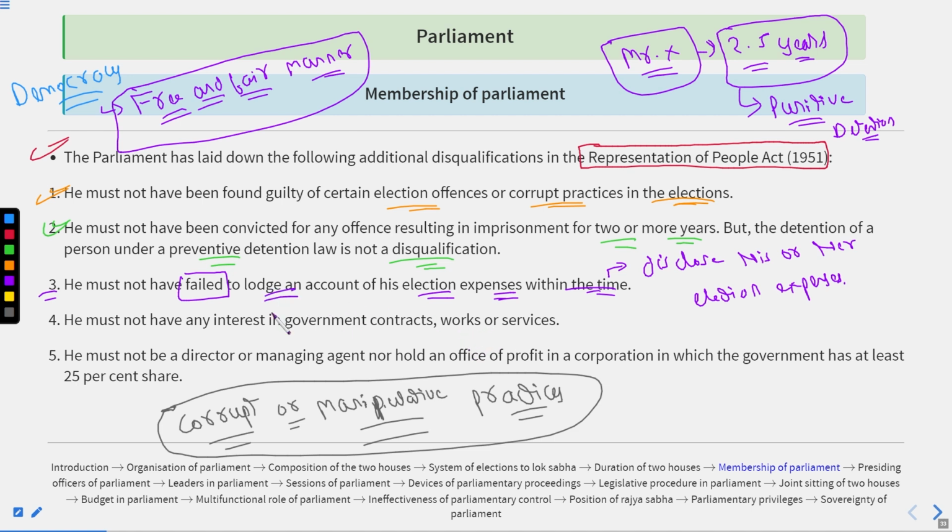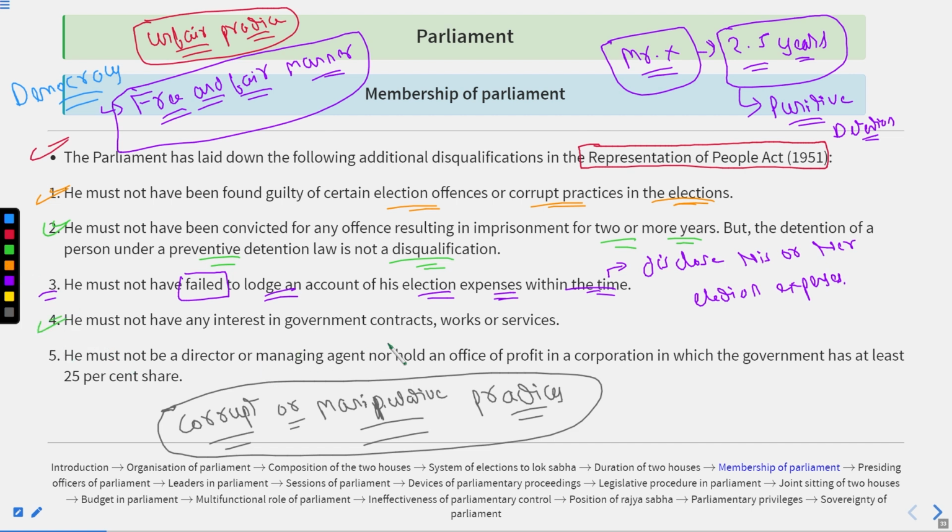So if within the lodging time the person fails to declare his expenses, then the person will be disqualified on account of unfair practice.